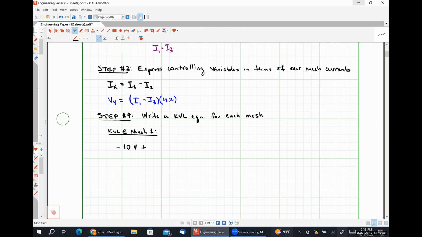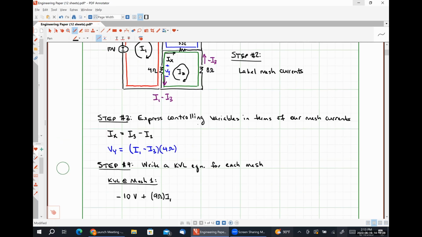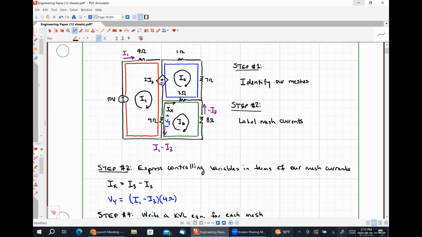Since I want the voltage drop across the 9 ohm resistor, that's just going to look like 9 ohms times I1, right? So we can see up here that whenever a circuit element is on the perimeter or on the edge of the circuit, it's only going to have a single current flowing through it, okay?